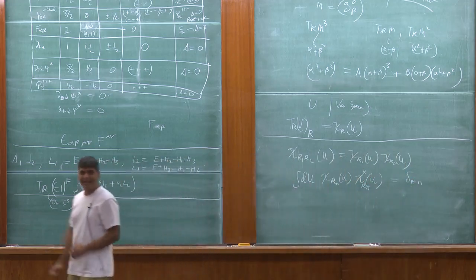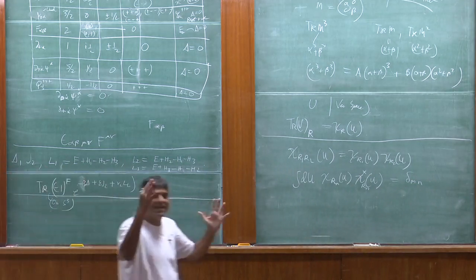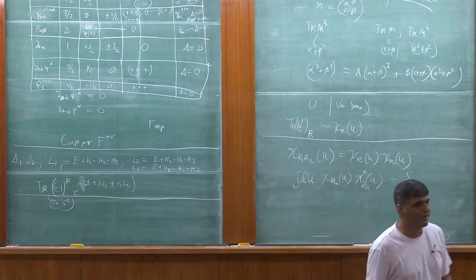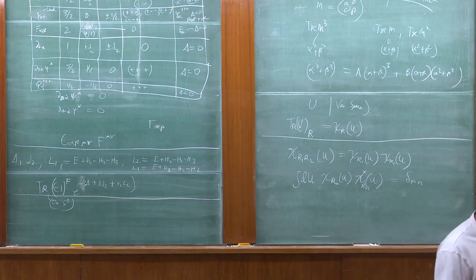For this to be delta Mn rather than a number times delta Mn, it implies a particular normalization of the Haar measure, essentially the normalization such that the integral of dU of 1 is 1.